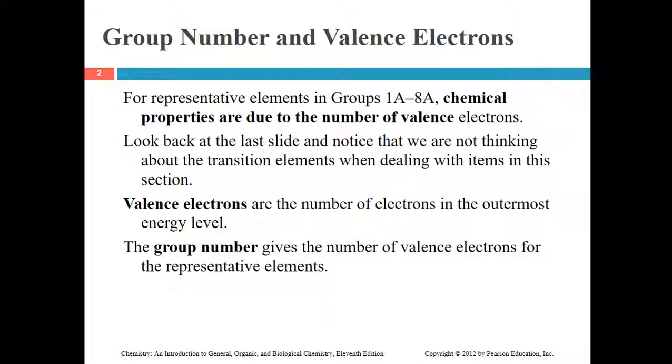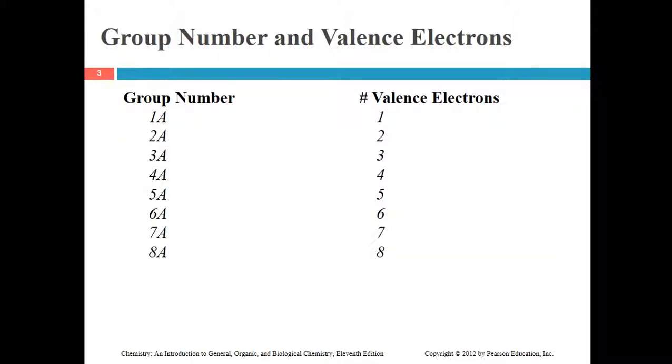Valence electrons are the number of electrons in the outermost energy level, and the outermost energy level is back in chapter 3.6. So don't think you're going to miss out here. I'm just going to cut to the chase and get you what you need. Here it is. The group number gives the number of valence electrons for the representative elements. Okay, so that's nice and easy.